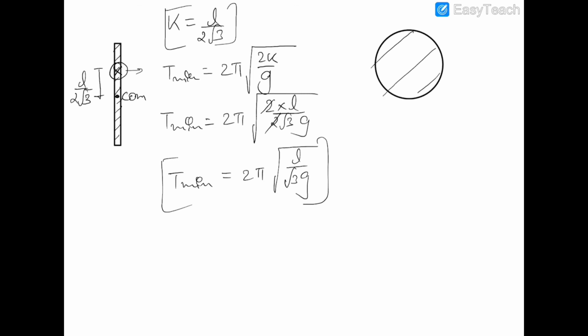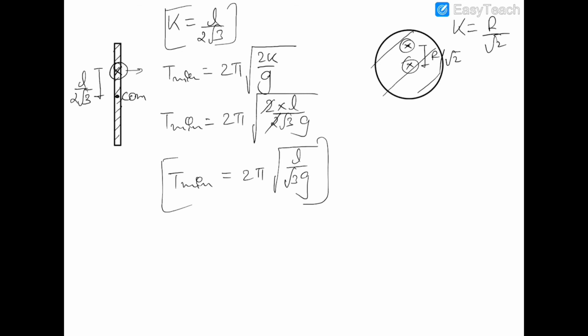This is a disc, and we know that for a disc the radius of gyration k is r by root 2. So we must hinge this disc at a distance of r by root 2, either on the upper side or on the lower side, to get the minimum time period of this disc.